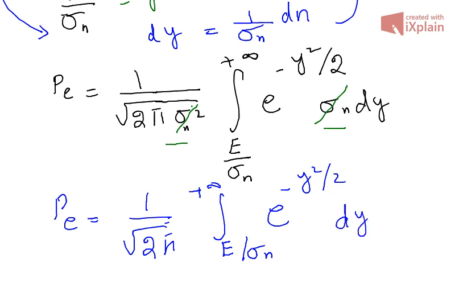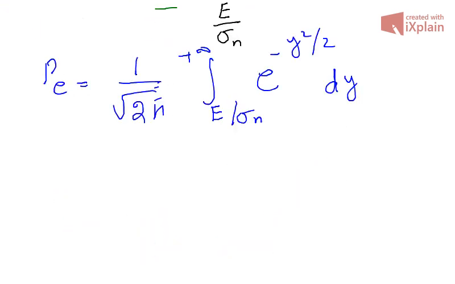Now it is exactly in the form of Q of x, as I mentioned earlier. So I can rewrite this expression as Q of e over sigma n.